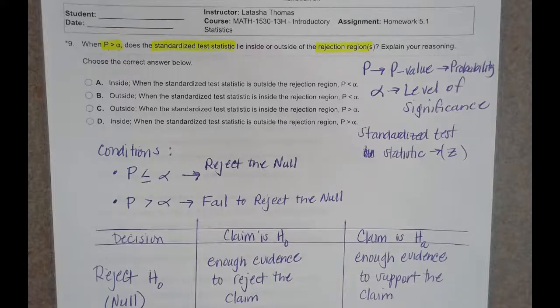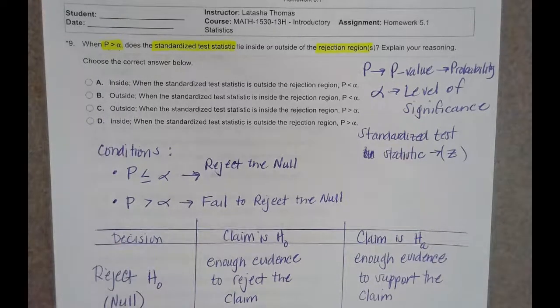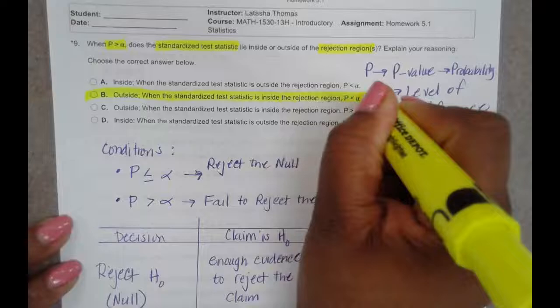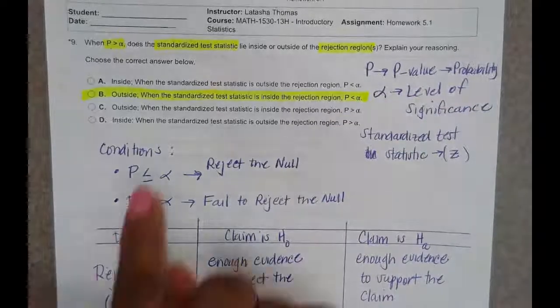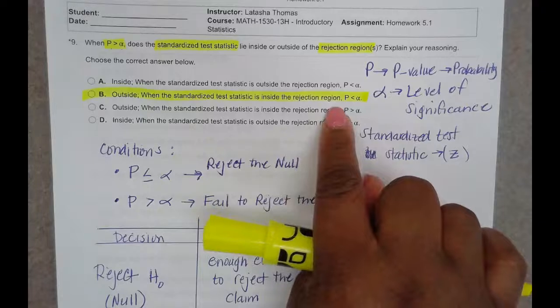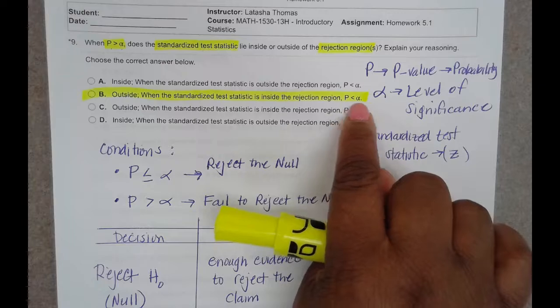The answer here is outside. Well, it's answer choice B. Outside, when the standardized test statistic is inside the rejection region, P is less than alpha.